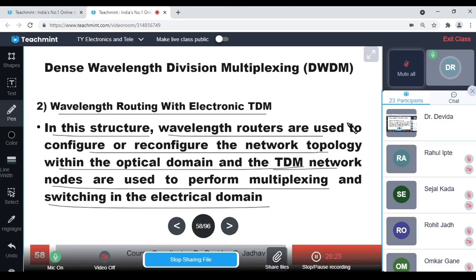So here the routers are used and an electrical network backbone is used, and the wavelength routers are used to configure and reconfigure the network to select the node. So a particular node combination is there. To select that node combination, like a trunk network is there like this. Any optical path can be selected with the wavelength routers, which is efficient to work.